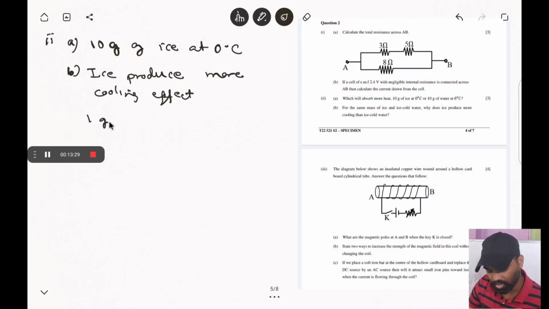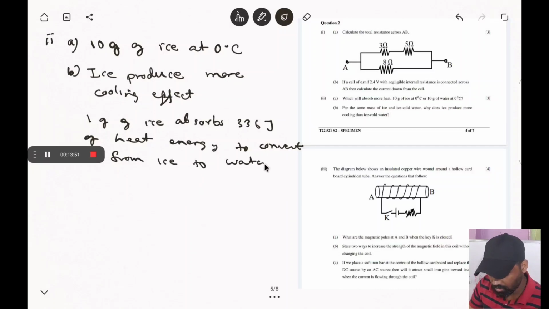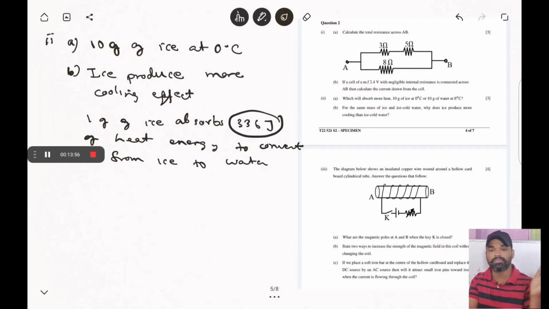Because we know 1 gram of ice absorbs 336 joule of heat energy to convert from ice to water, just remember this. So this much additional heat energy is absorbed from the surrounding, which means it will have a greater cooling effect as compared to ice cold water. Yes or no? So that's my correct option.